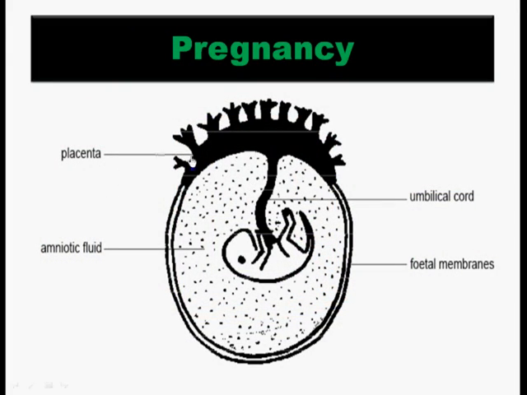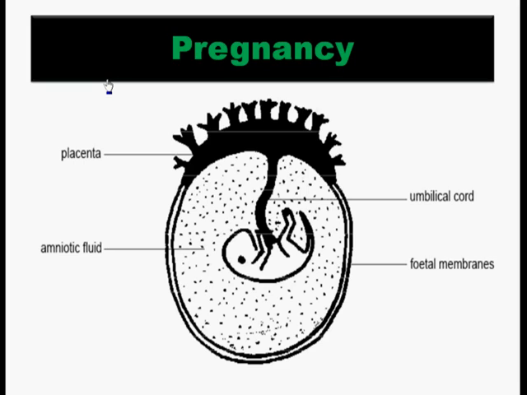Okay. Now we're going to be looking at pregnancy. So of course, that woman in the implantation presentation, you realize that the egg was fertilized and it became a zygote, and of course now the woman is pregnant. So once again, in summary, when the sperm nucleus and the egg nucleus are fused together, they form a zygote. The zygote continues to move slowly down the oviduct, as you saw.